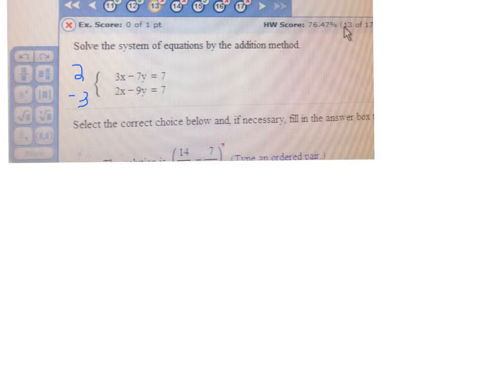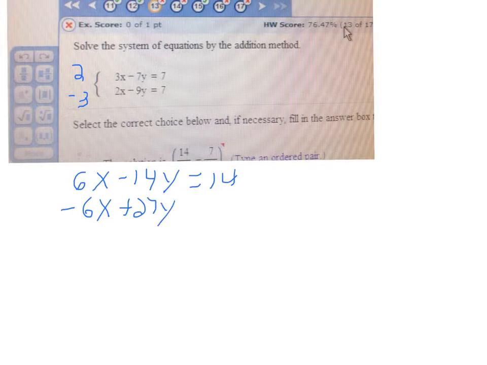So if I do that, that'll be 6x minus 14y equals 14. And multiply the bottom equation by negative 3, that'll be negative 6x plus 27y equals negative 21.